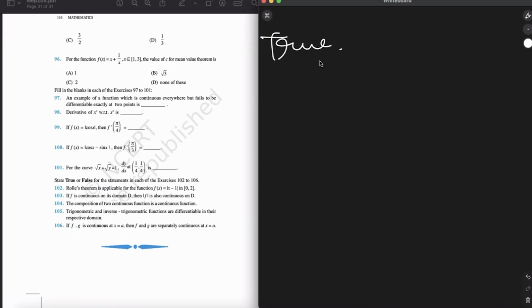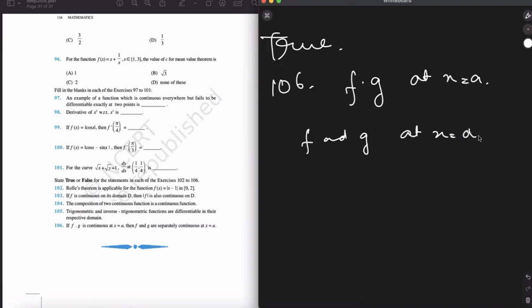Now, if f into g is continuous at x = a, then f and g are separately continuous at x = a. No, this we cannot say. Suppose f dot g is continuous at x = a, then we are asking whether f and g are separately continuous at x = a. I can prove how this is not possible. Suppose f is x square upon x minus a, and g is x minus a upon x cube.